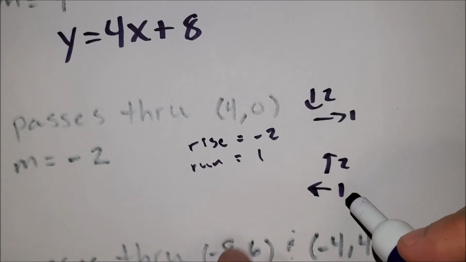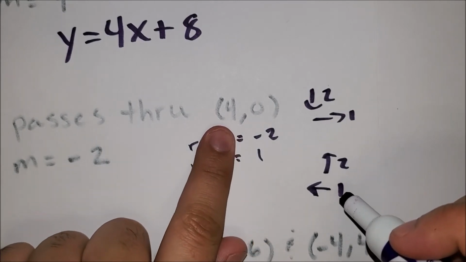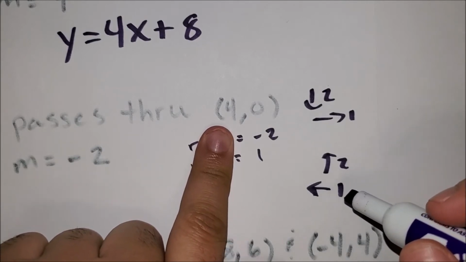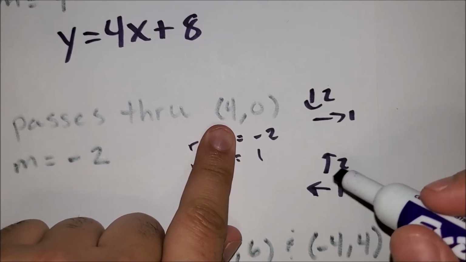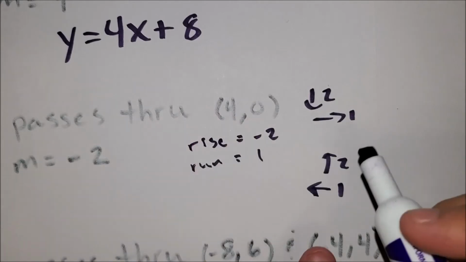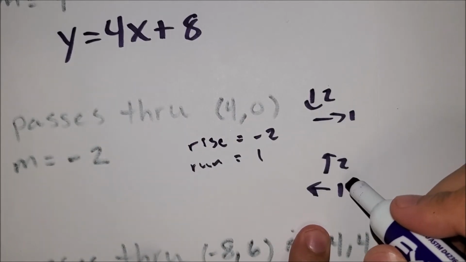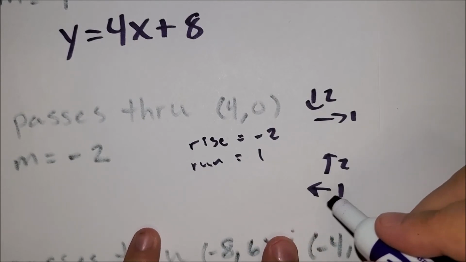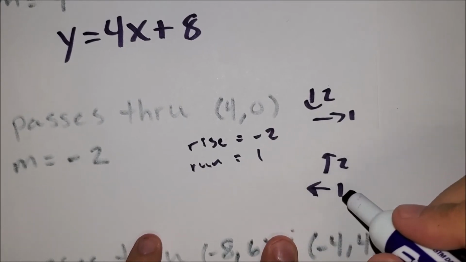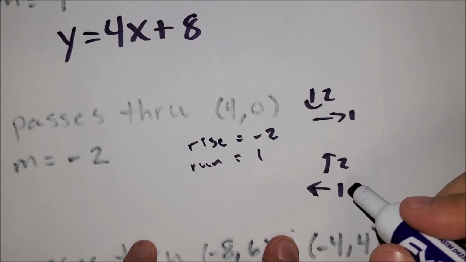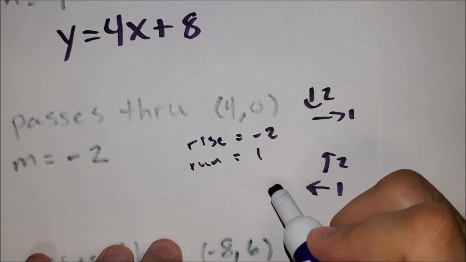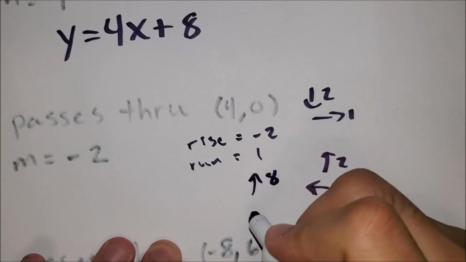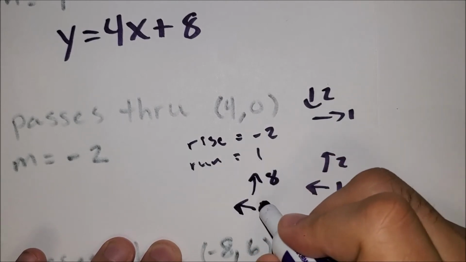So if we look at this, we're at x equals 4, so we need to get this to 0, which means we need to go 4 units to the left. So if we kept this pattern of 2 up, 1 left, we'd go left 4 and up 8. So this is the same thing as up 8, left 4.